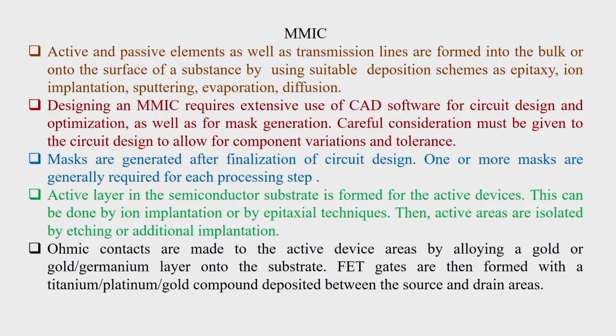Ohmic contacts are made to the active device areas by alloying a gold or gold aluminum layer into the substrate. Field effect transistor gates are then formed with titanium, platinum, gold compound deposited between the source and the drain areas.